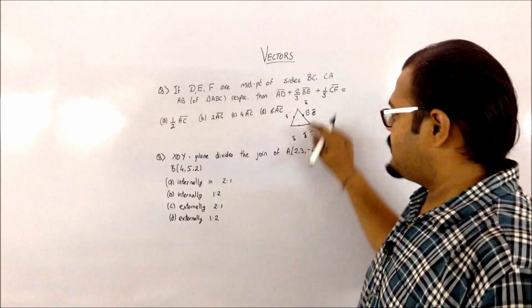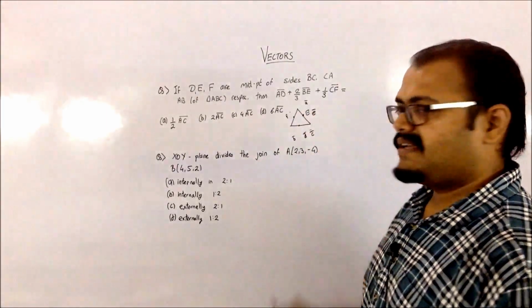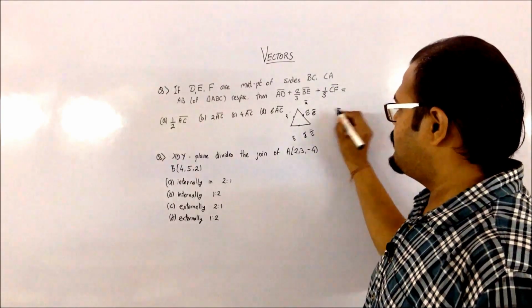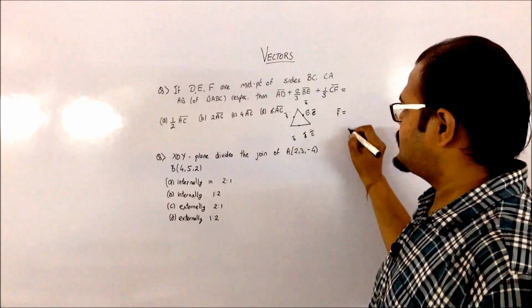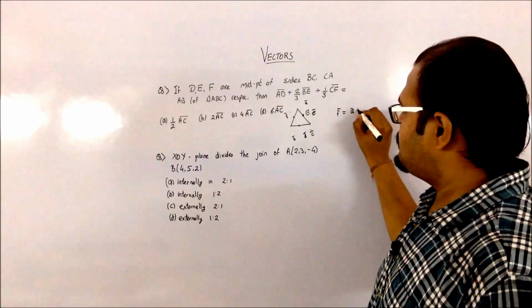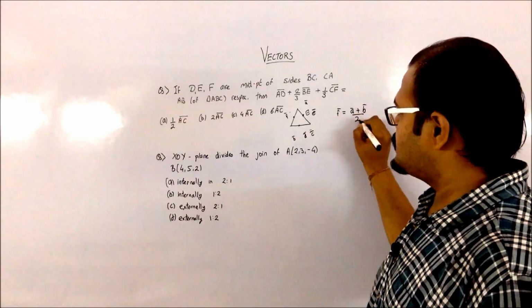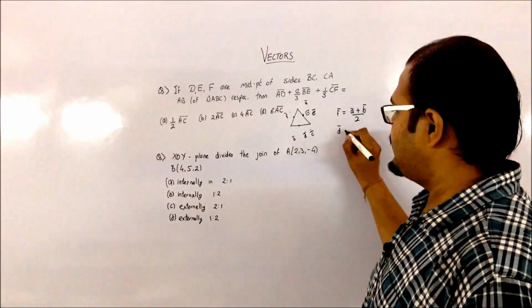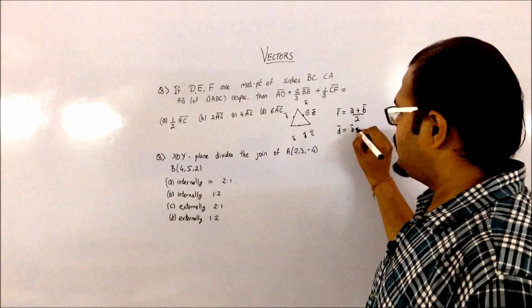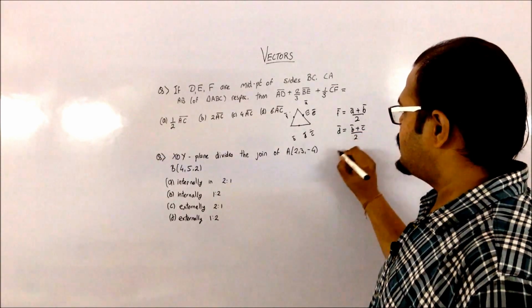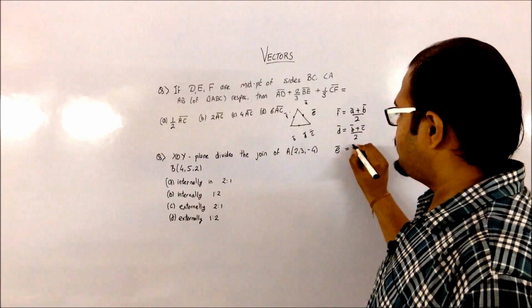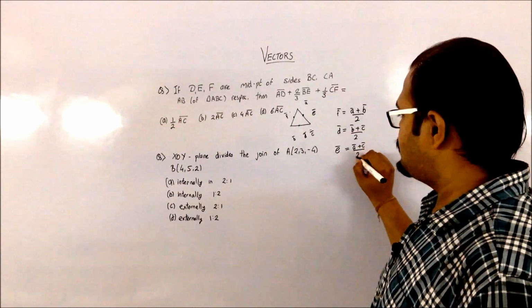Now if F is the midpoint of AB, then I know by the midpoint formula that F bar will be A bar plus B bar by 2. Similarly I can get for D, so D bar will be B bar plus C bar by 2, and E bar will be equal to A bar plus C bar by 2.